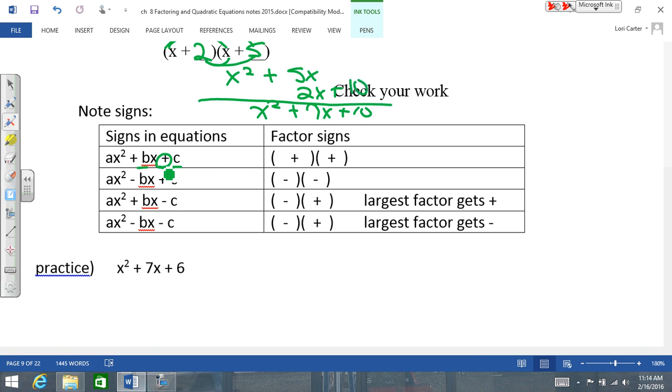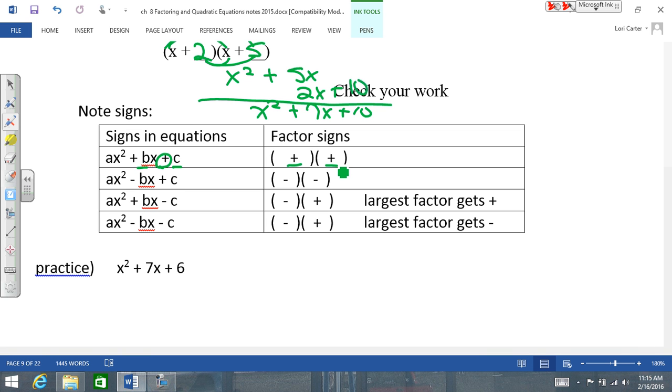Well, if I'm adding and they're positive, what times what equals a positive number? Positive times a negative is a negative. Positive times a positive is a positive, and a positive plus a positive is a positive, right? So that means I have two positive signs. Because when I add them, it's positive. When I multiply them, it's positive. Are we good?